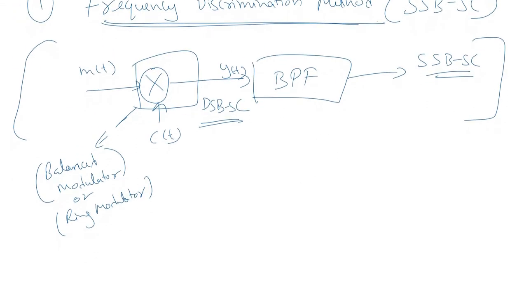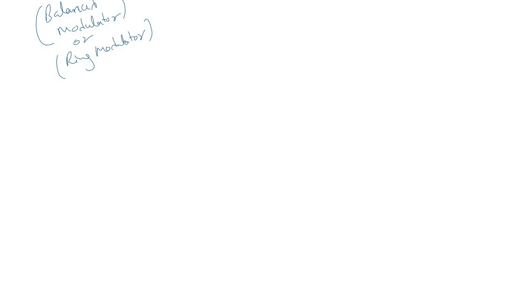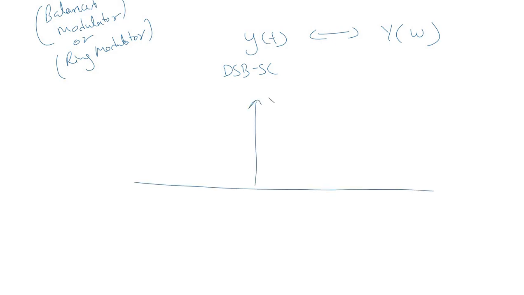So y(t) is a DSB-SC type of signal which is obtained by multiplication of m(t) and c(t) using a suitable multiplier. The corresponding frequency domain representation would be Y of omega. Let us say that the spectrum of Y of omega is something like this.